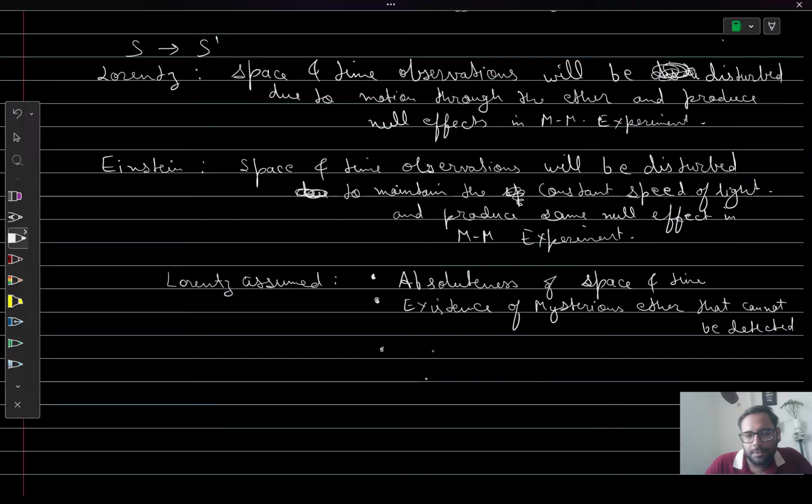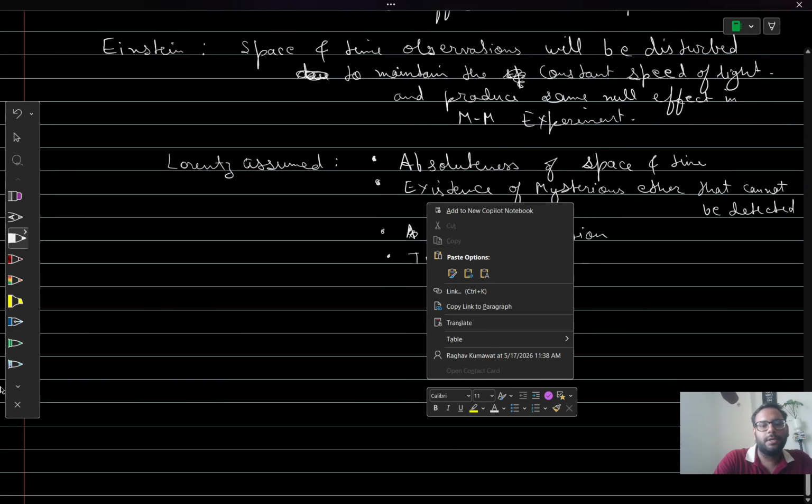Third, he assumed length contraction. Fourth, he assumed time dilation. So these are the assumptions that Lorentz actually assumed.